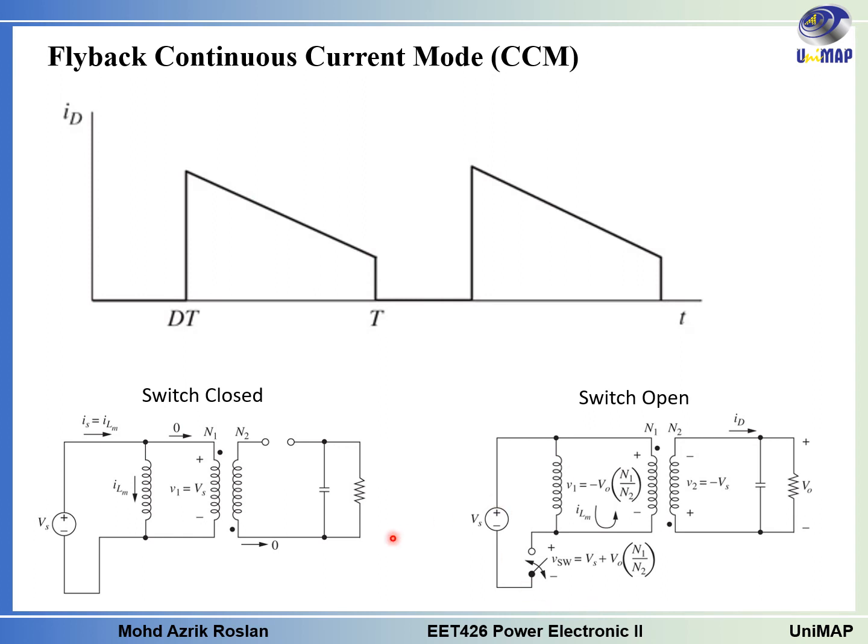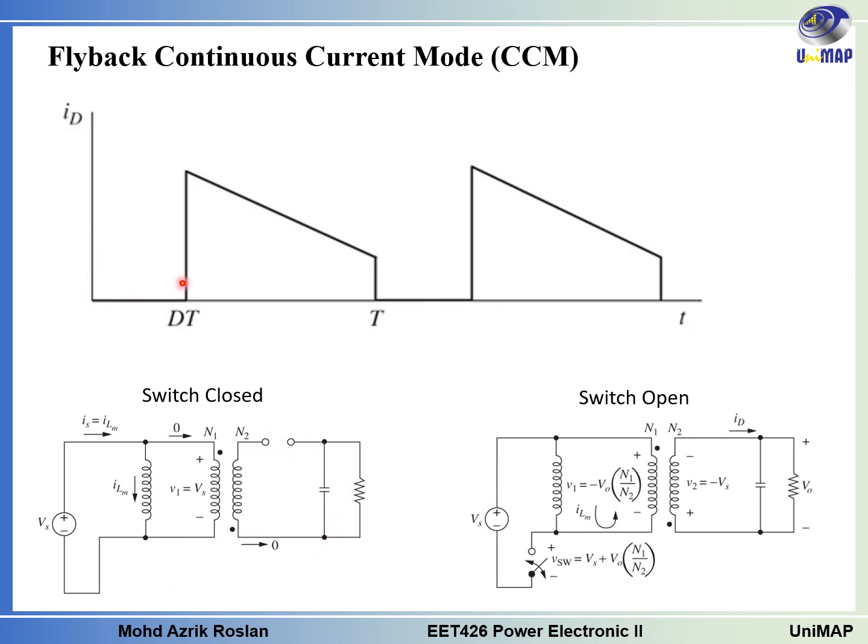Now is the current for ID, the diode current. During the switch close, the current that flows to ILM only goes this way, and there will be no current during this time.